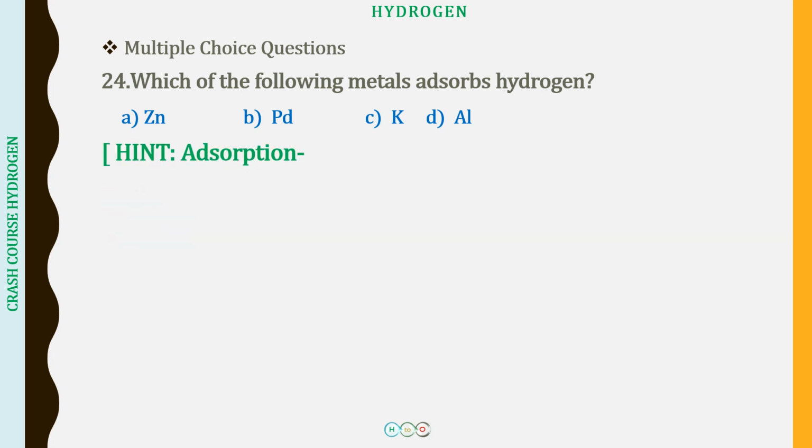So here, what you have to remember related to adsorption is, I hope I do not have to explain what is adsorption. You have already discussed this in detail while you studied the chapter on surface chemistry. So as far as hydrogen and adsorption are concerned, there are a few important points which you should remember.